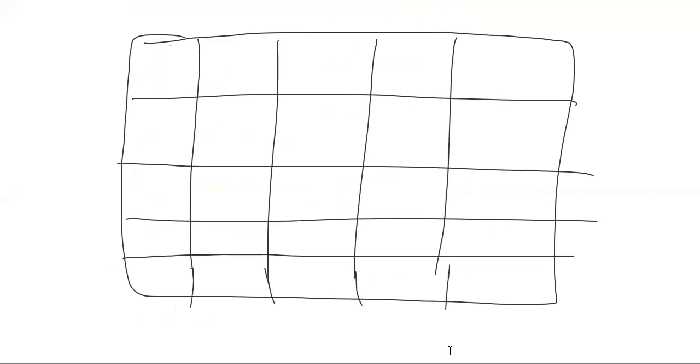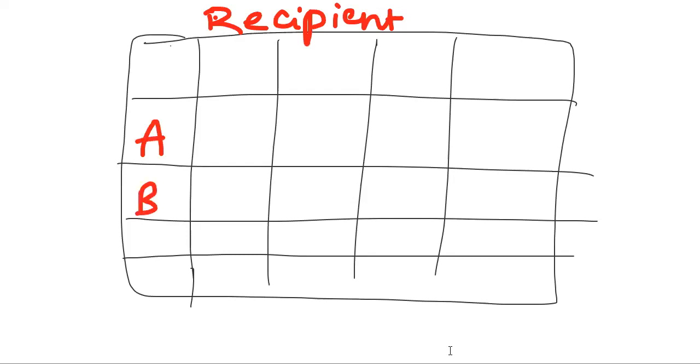On one side we will take the recipient. We'll write here recipient blood group. Then I'm writing A, B, AB, O. And as a donor.